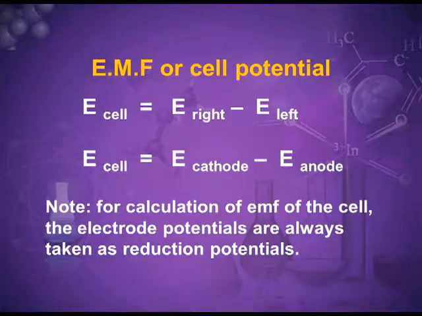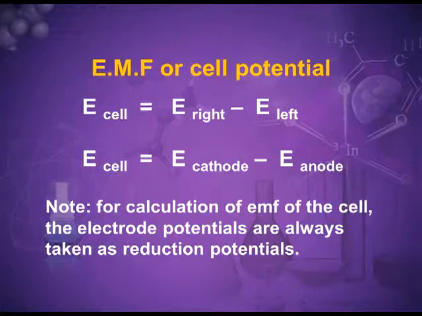Let's see that. EMF, electromotive force or cell potential. The formula is E cell equals E right minus E left. And I hope now you know that on the right hand side we have cathode and on the left hand side there was anode.